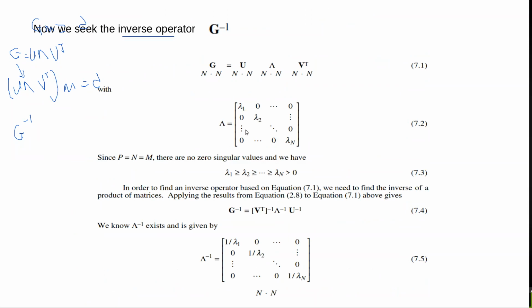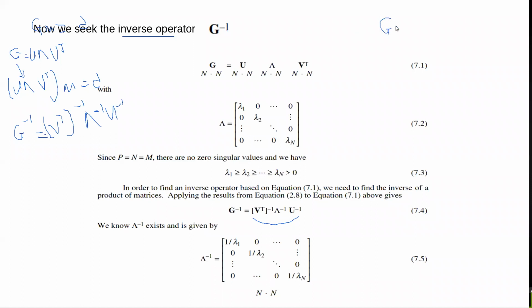In the case where there are no zero singular values, G inverse is given by this relation: V, lambda inverse, and U inverse. Where does this come from?